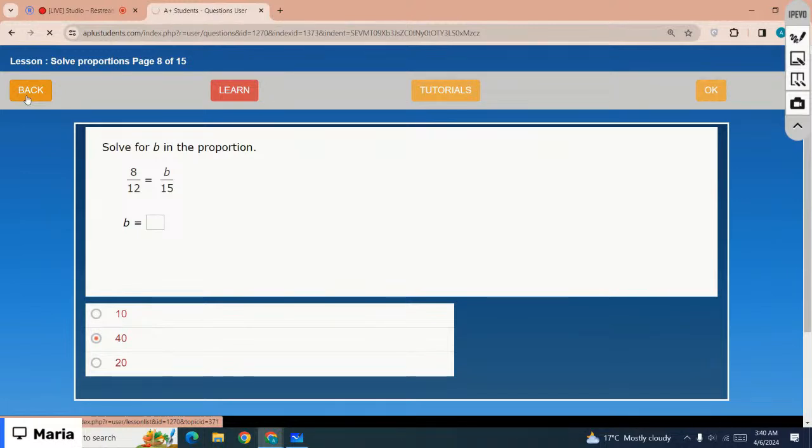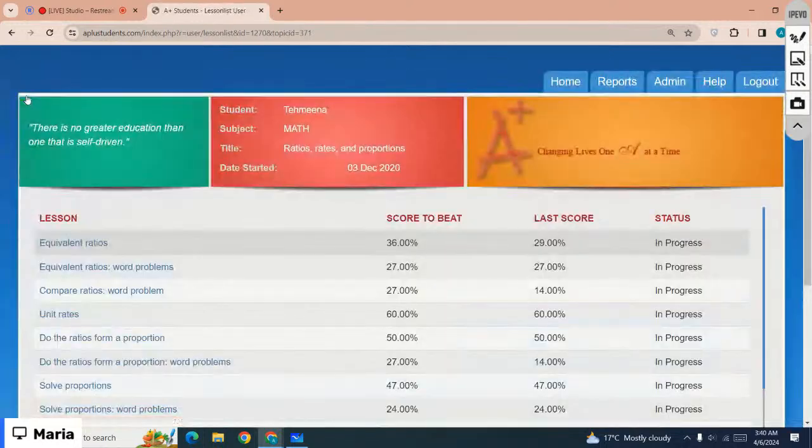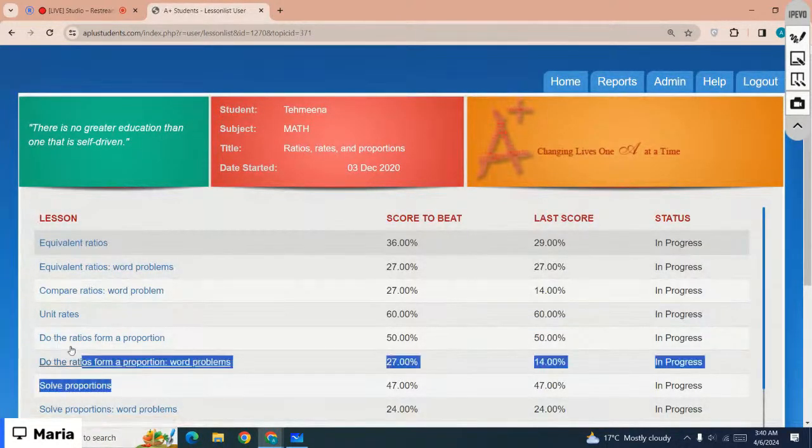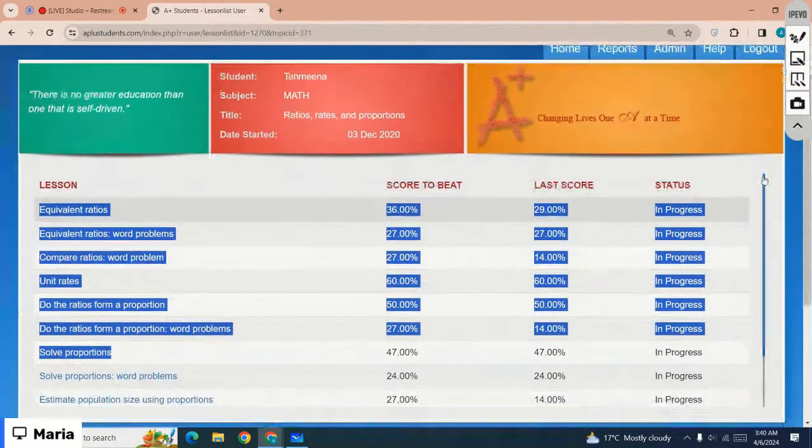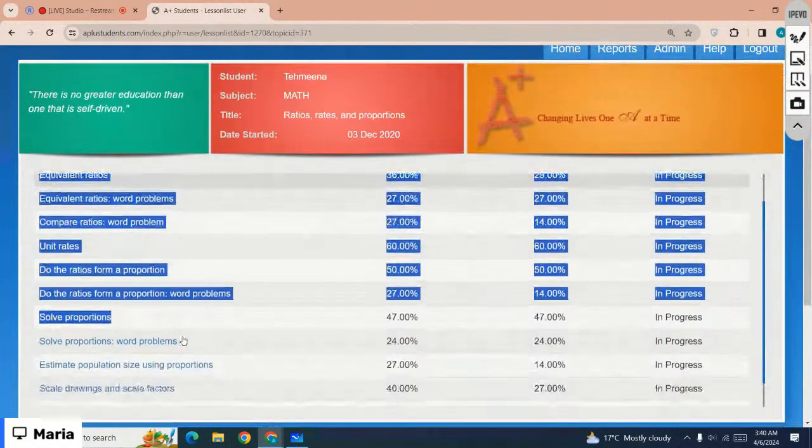The chapter we were working on is ratios, rates and proportions. The lessons we have covered today are equivalent ratios. You have to do the word problems on your own. Then we started unit rates, do the ratios form a proportion, and solve proportions. So please make sure before the next session you complete all the practice questions for the lessons we did today.